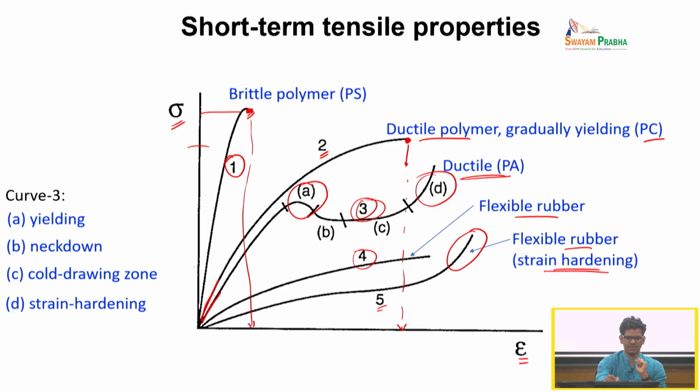Elongation at break is the strain that corresponds to where the breakage happens. For curve 1, this is the elongation at break. For curve 2, this is the elongation at break. That is a summary of various possibilities for stress strain curves.